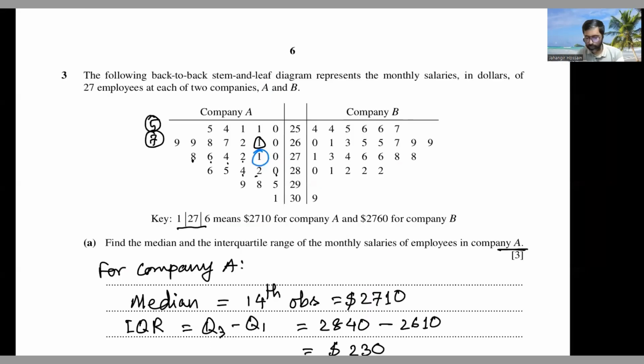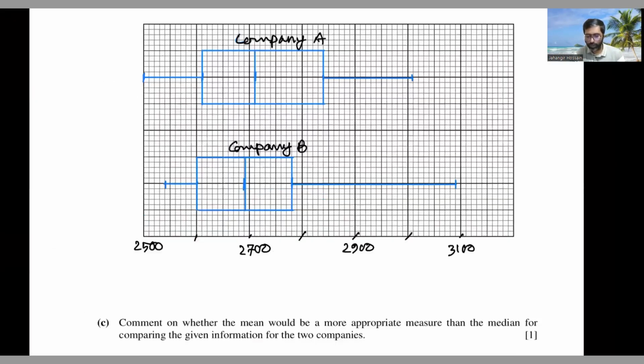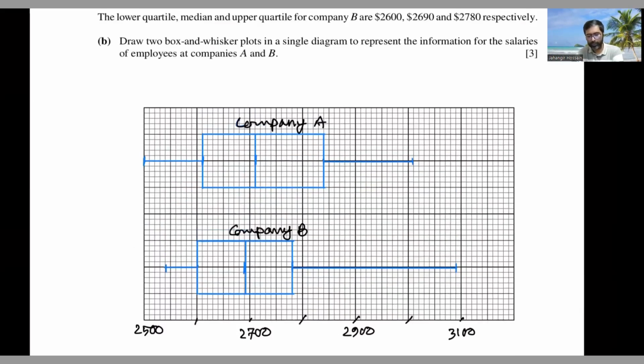And if you look at the data given for company B, there is an extreme value because the salary of 3090 is obviously different from the other salaries of the employees in company B. So in both companies, the salary is affected by skewness, that is, extreme value.